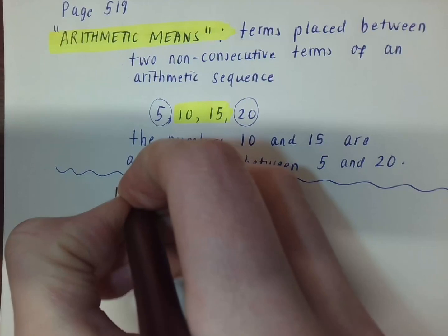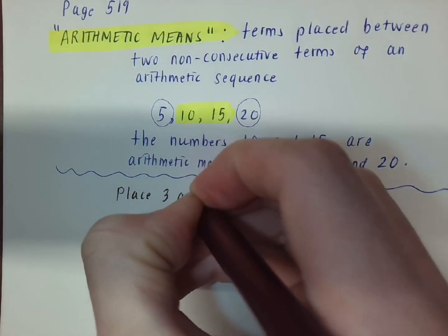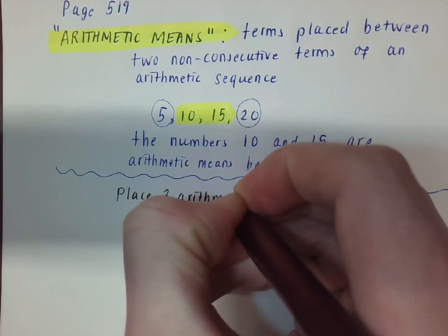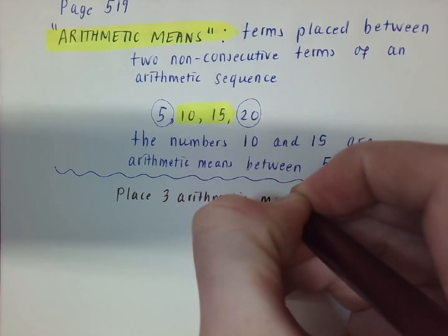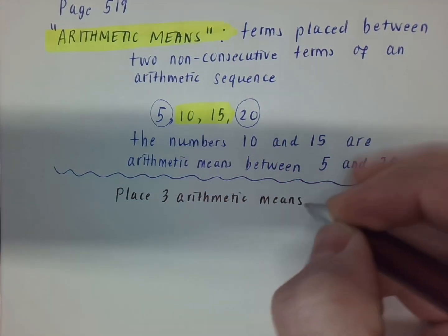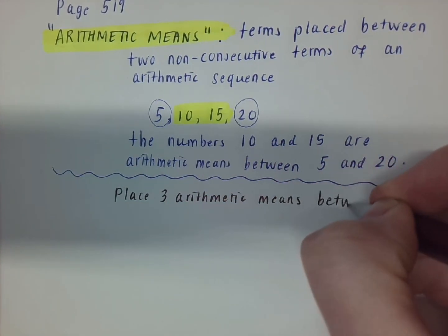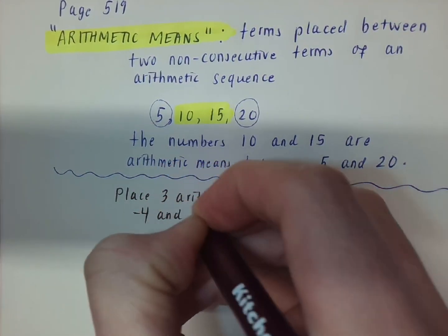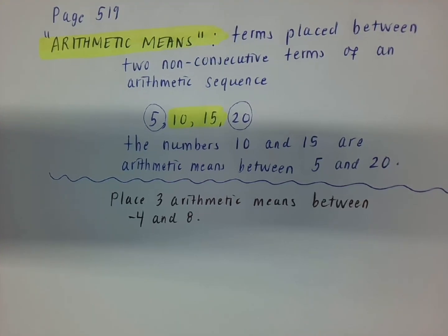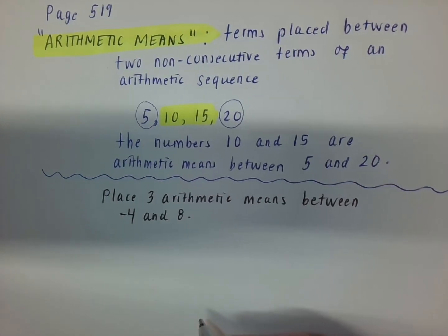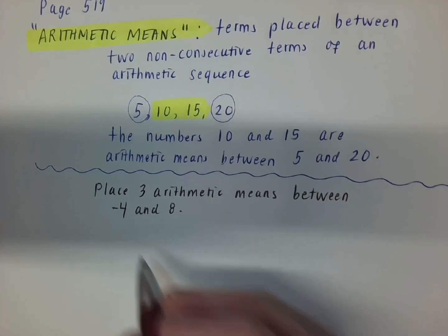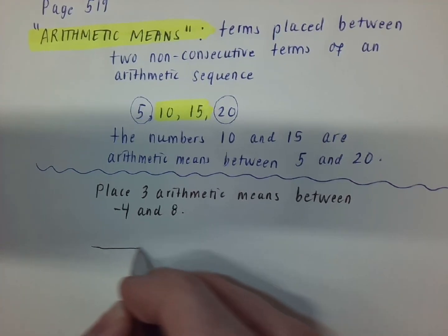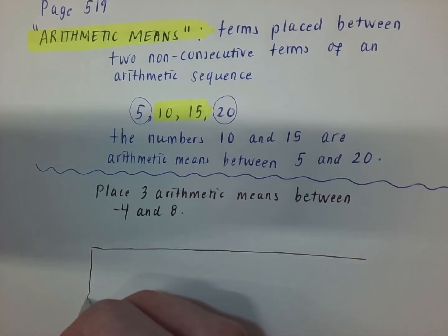So class example number 6, it says place 3 arithmetic means between -4 and 8. So let me think, how can I approach this? Pretty much I need to imagine that there's 5 slots.